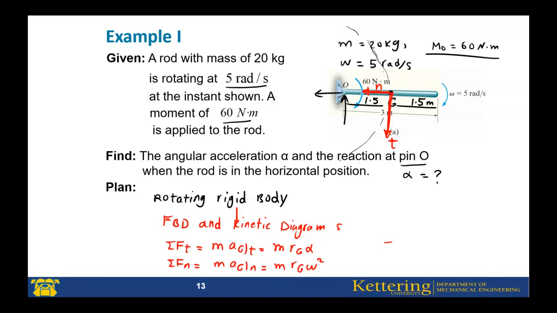The last one is the summation of the moments about O equal to I_O alpha. The reason I selected O is because I have two unknowns, and by selecting O, I can cancel these forces. These are the three equations I need to solve.